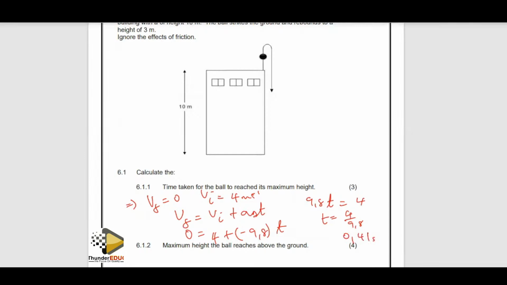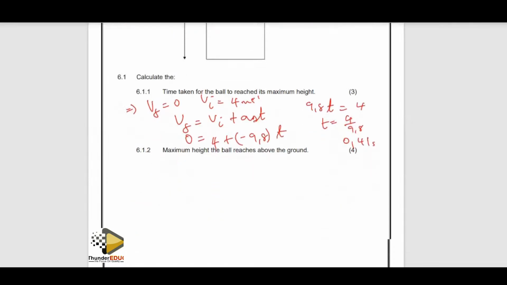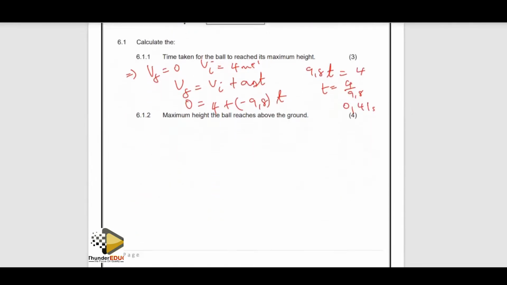Let's round that off. Then they want us to get the maximum height that the ball reaches. So we need an equation that involves displacement.